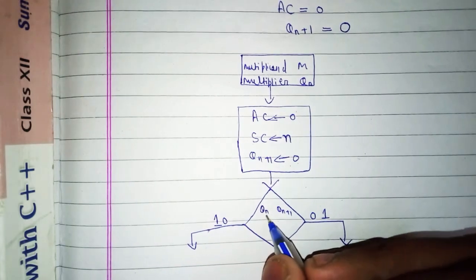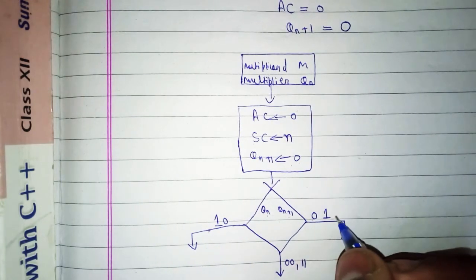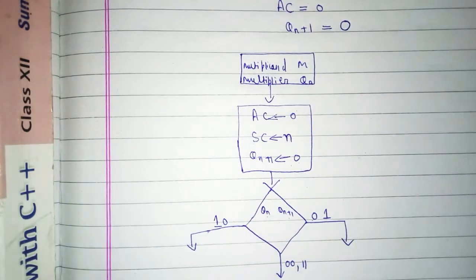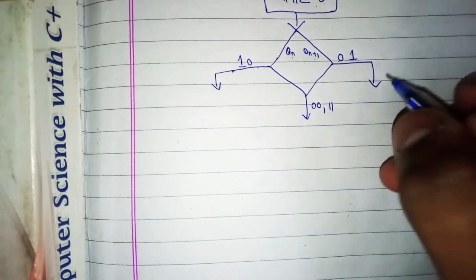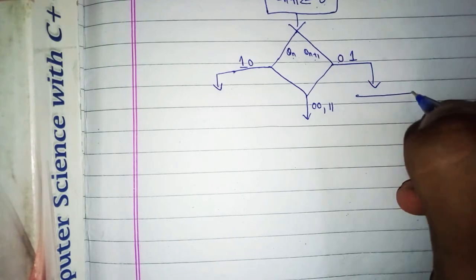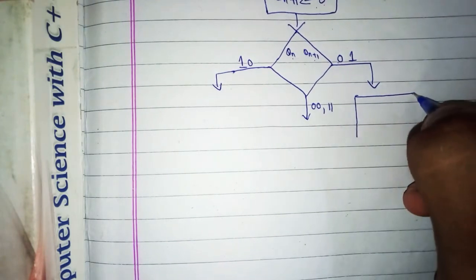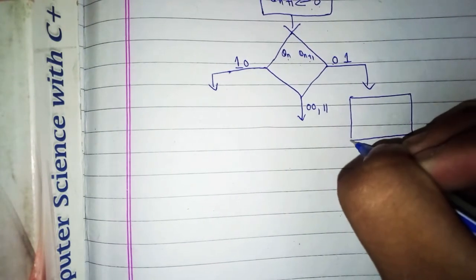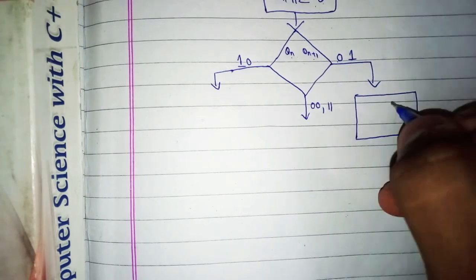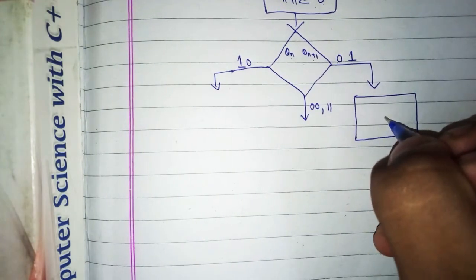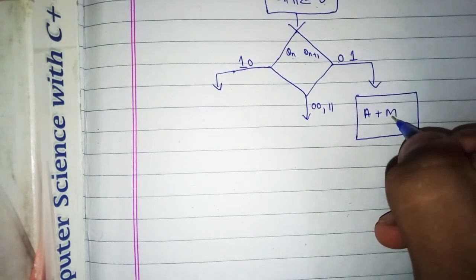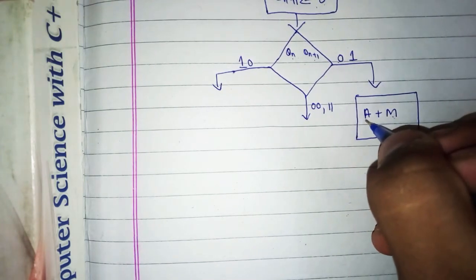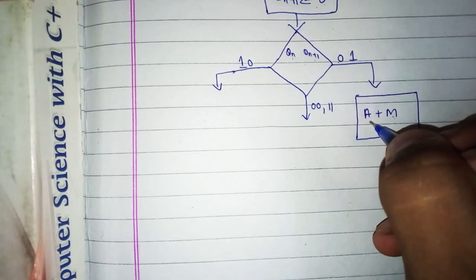If the value of qn is 0 and qn plus 1 is 1, we will add the value of multiplicand in a, that means a equals a plus m. The value of multiplicand will be added in the accumulator, what the accumulator contains.